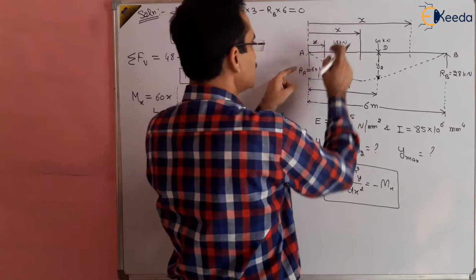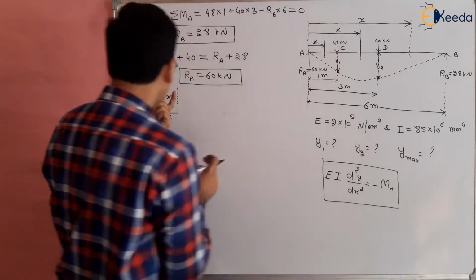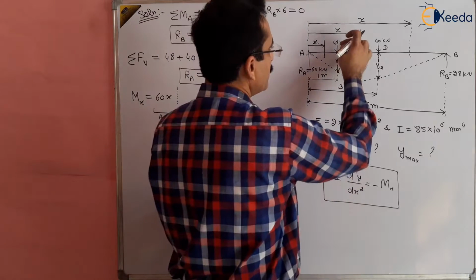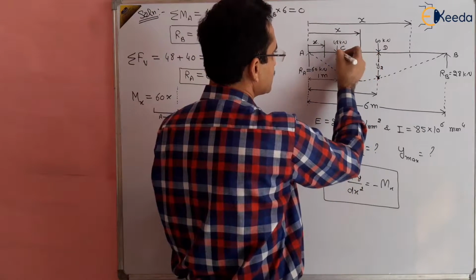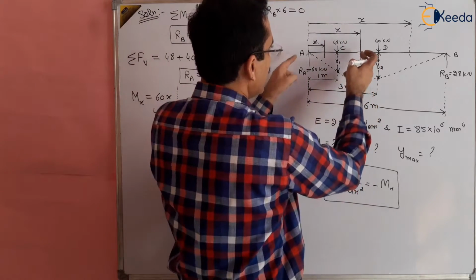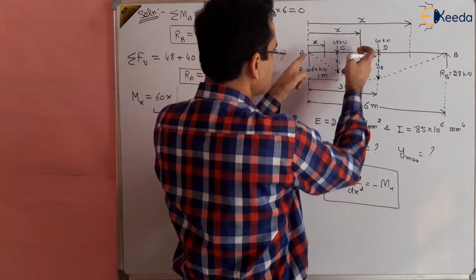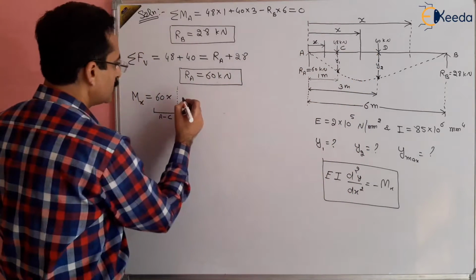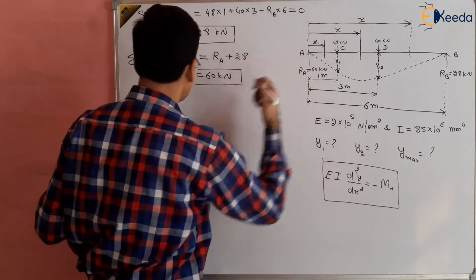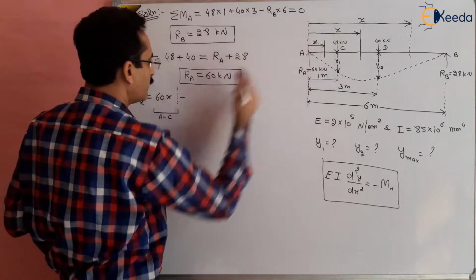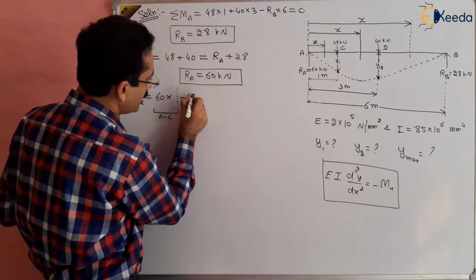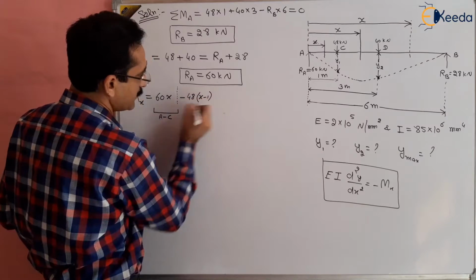Now the moment of this is 60x, which is already written, and then the moment of 48 about this axis will be equal to x minus 1. This will be the moment of 48. This will be minus because it is a negative bending moment. So this is 48 multiplied by x minus 1, right?